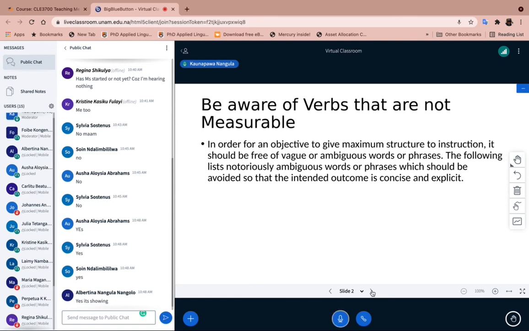These verbs are very vague or ambiguous. Ambiguous means that they are vague, they are not clear. We should avoid them in the setting of the objectives.